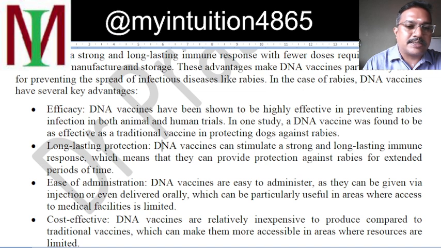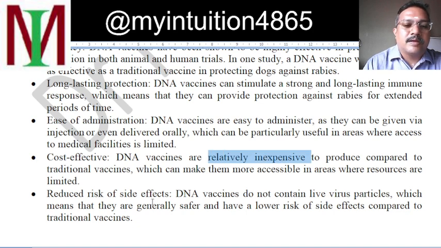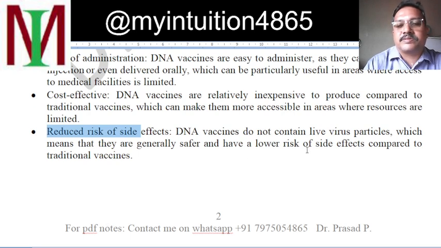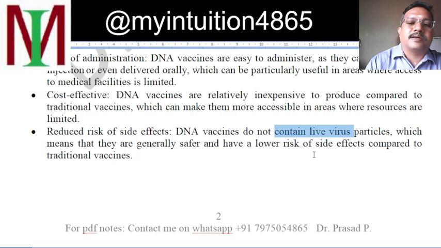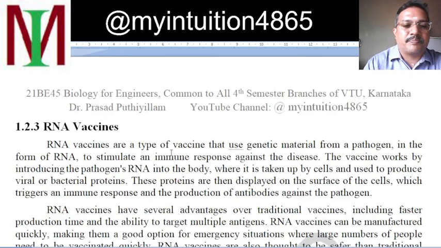It gives long-lasting protection. It is very easy to administer, very easy to handle, cost effective, and relatively inexpensive. There is reduced risk of side effects, because it does not contain any living virus particle. Therefore, side effects are reduced.